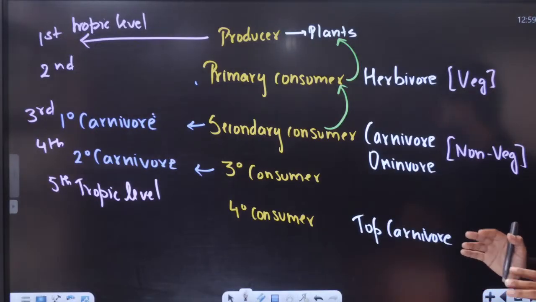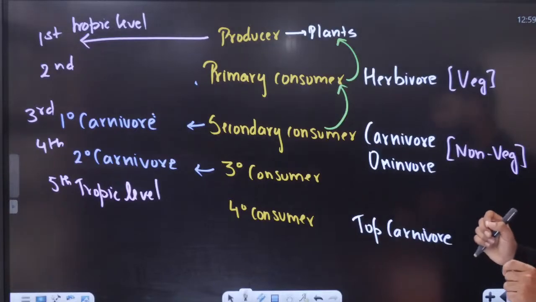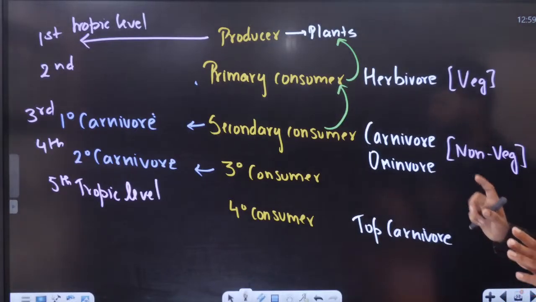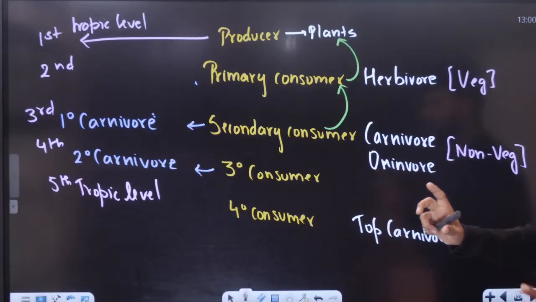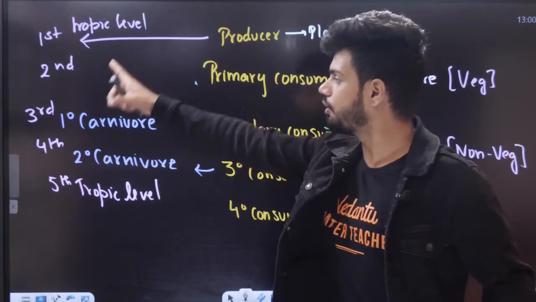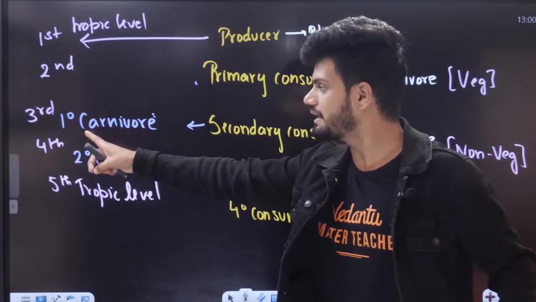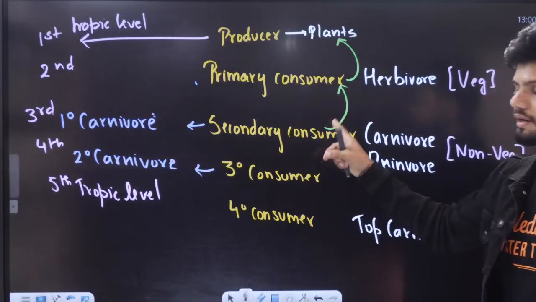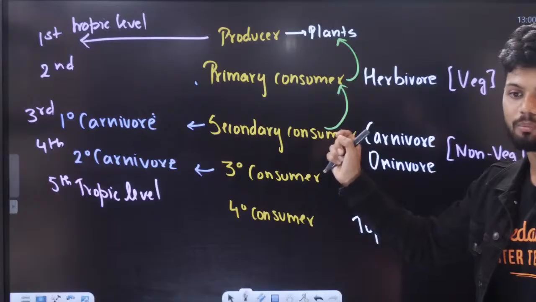Now, students, follow this very carefully. This is the only thing that you need to understand. When I say an animal is in your third trophic level, primary carnivore, secondary consumer, this entire thing should come to your mind.